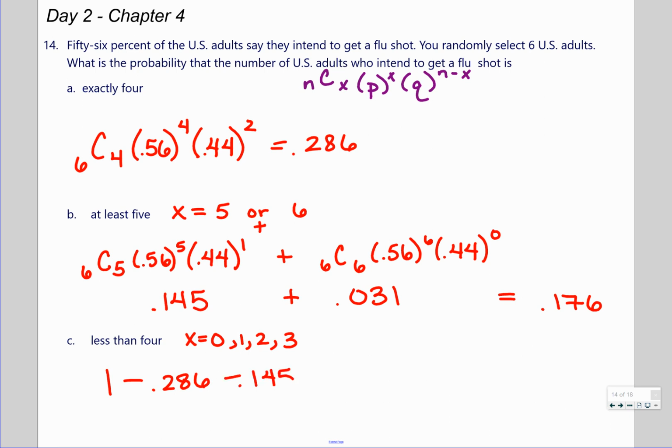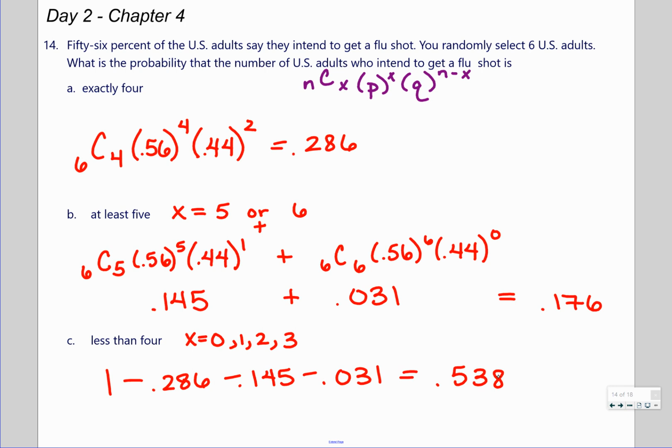Minus 0.145, minus 0.031. And then we'll be left with everything else. 0.538. Okay. Questions there? Just using the binomial formula there.